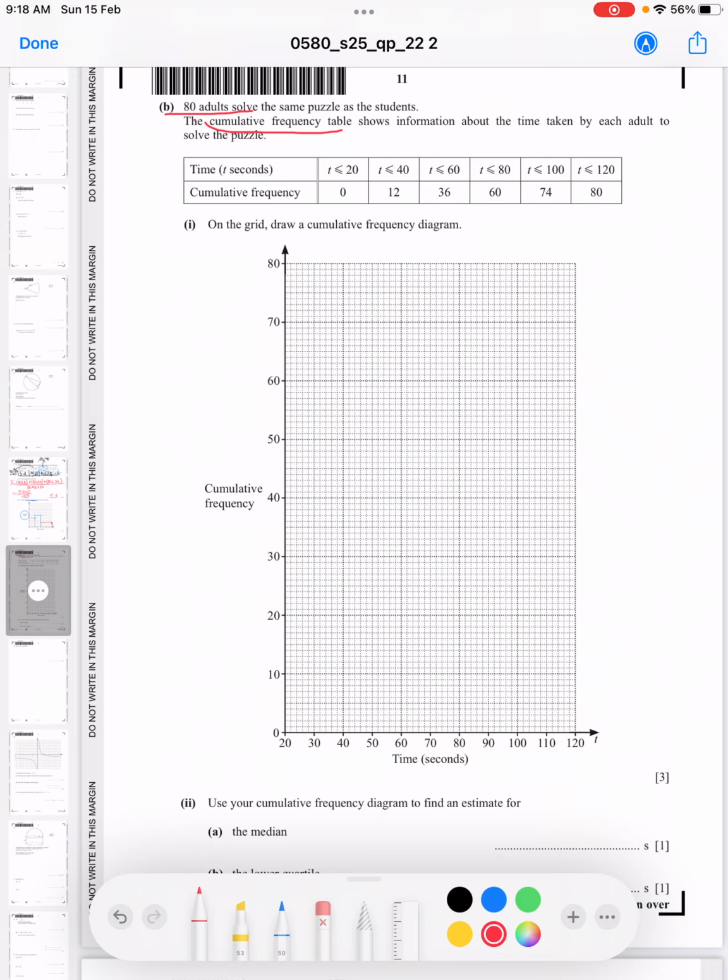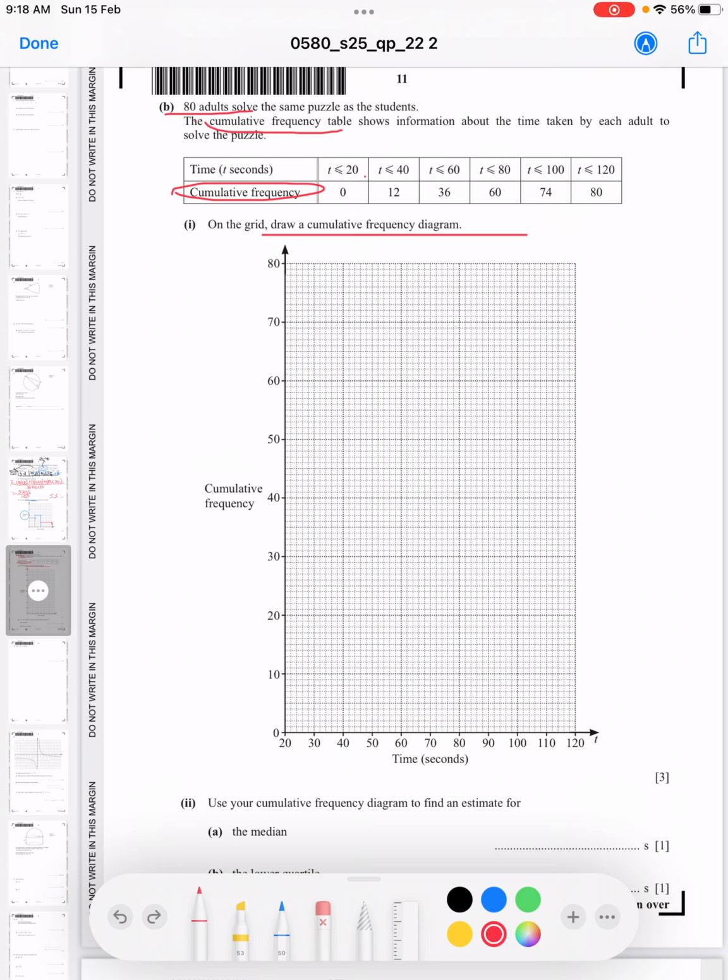So in the last one they gave us the frequency, in this one they give us the cumulative frequency, and we need to draw the cumulative frequency diagram. Every point is given, and the frequencies are given cumulative. We just need to plot them. Okay, so let's start.